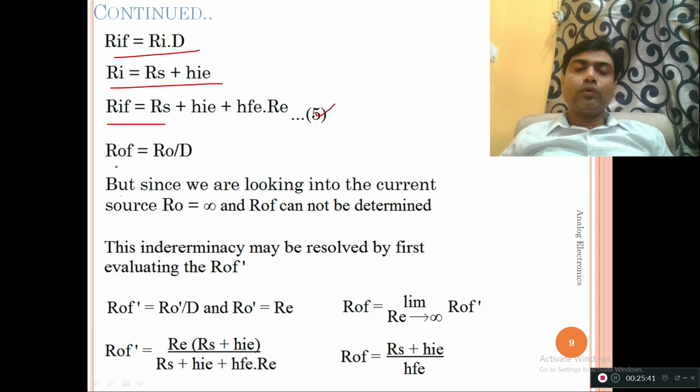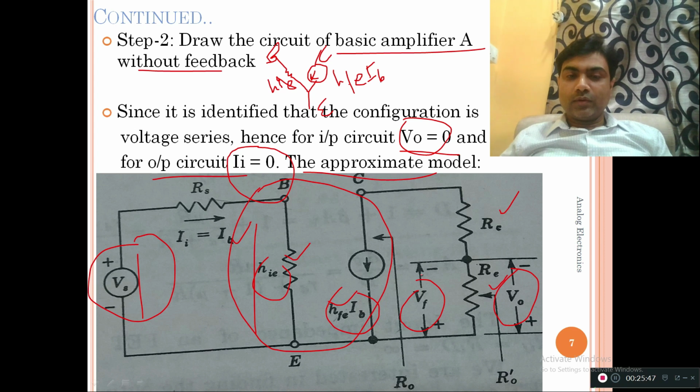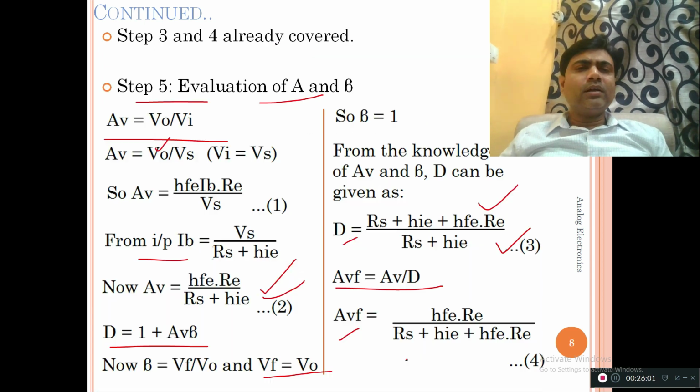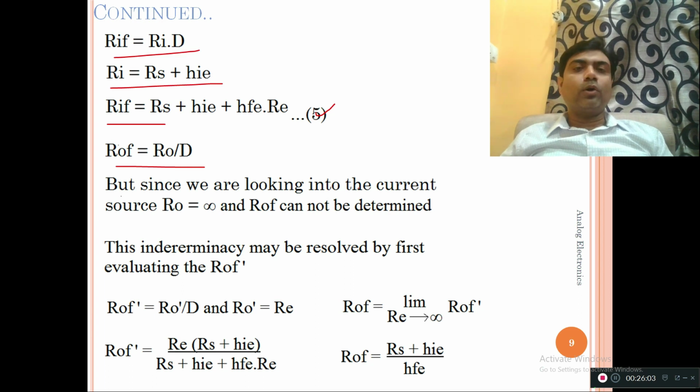Now last is the value of the ROF. ROF is RO upon D. Look at here, where the RO is seen from the current source, and when we see any resistance from the current source, the resistance is going to be very large, or ideally infinity. So can we determine the value of the ROF? No, we cannot.